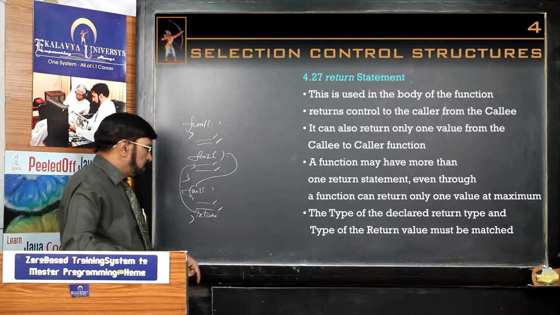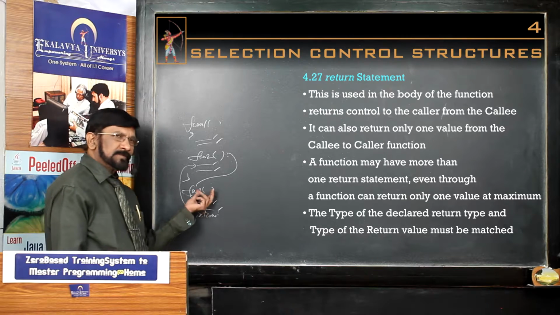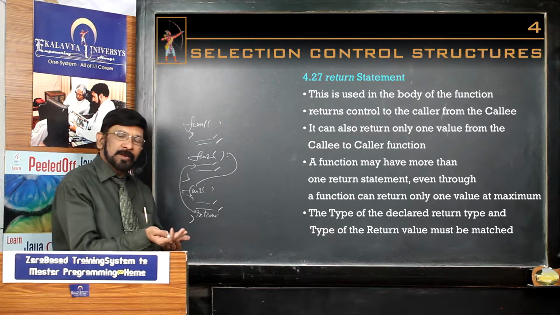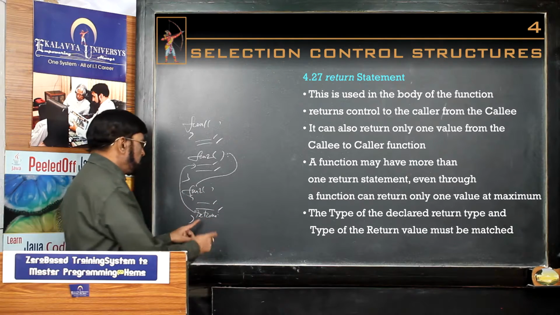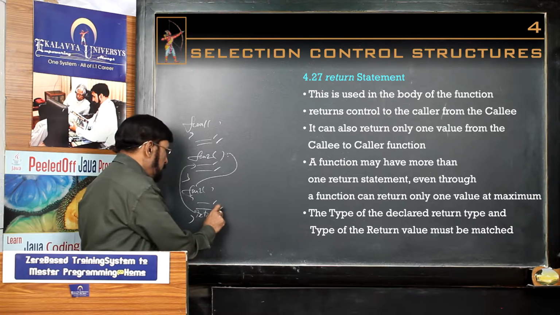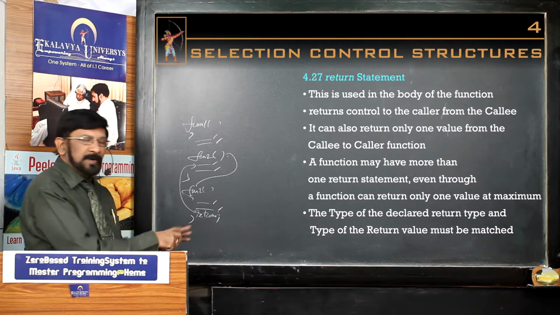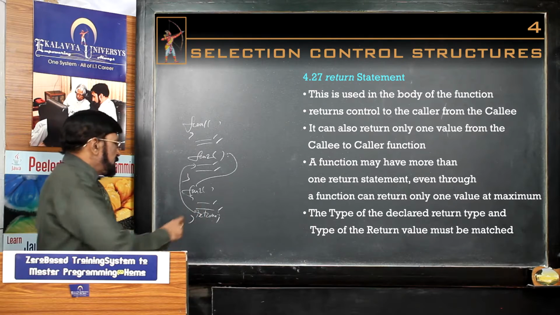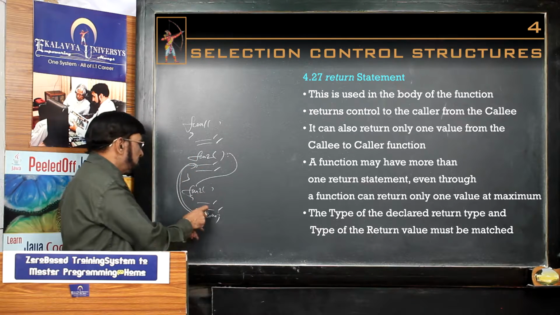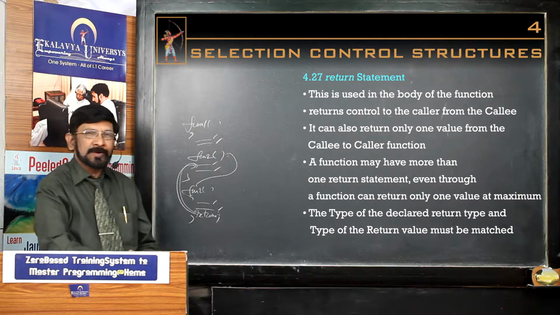Always understand that sometimes function 2 may return a value, and may not return a value. Suppose it does not return any value, then you can write a simple return statement. A simple return statement means only control is transferred from the callee function to the caller function.